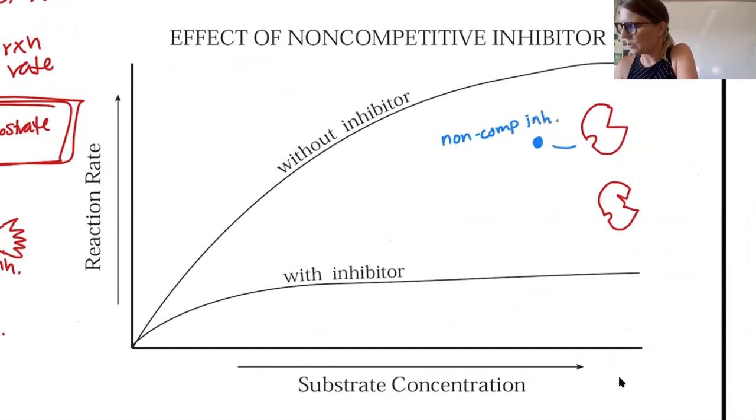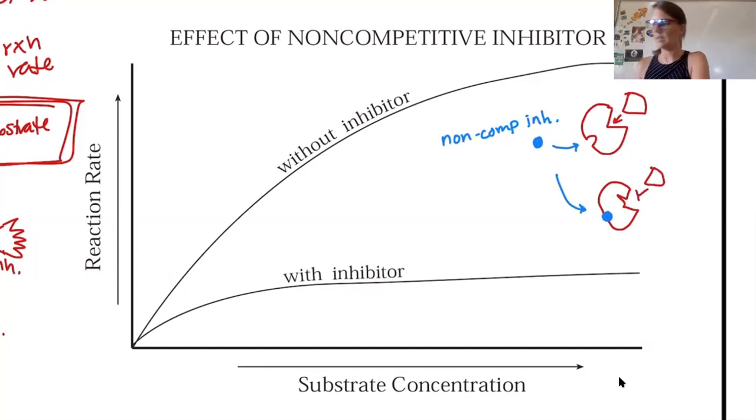It binds to a site that is allosteric, or away from the active site. So if it's not bound, the substrate can bind the active site, no problem. If that inhibitor is bound to the allosteric site, then our substrate cannot get in, right? It cannot get in because the active site has changed shape.